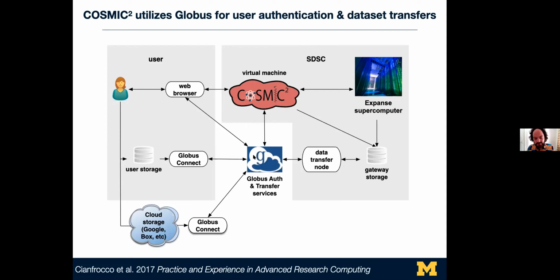Users will click upload, and Globus will grab their data, move it over, and put it on our storage at SDSC. It's also nice because Globus can take care of our user authentication, so we also don't need to maintain any of that. It ends up being handled through them. And so this is the high-level architecture of what's going on, but that's the extent of it. Now let's just look at it.